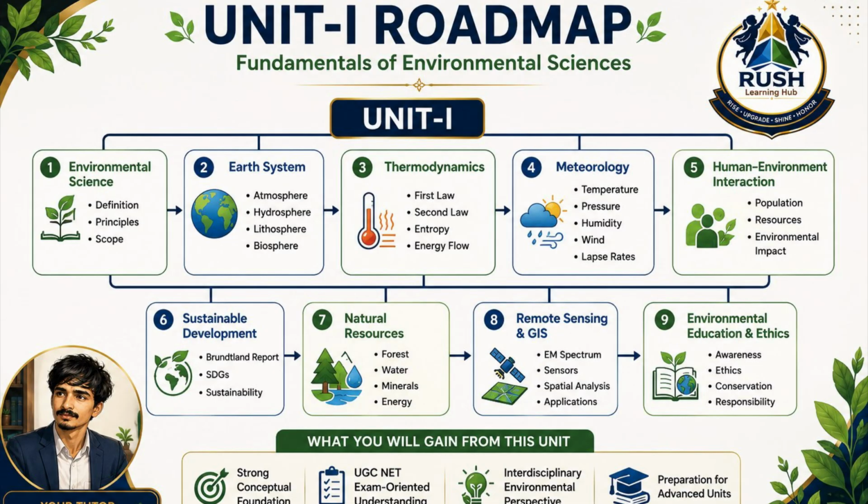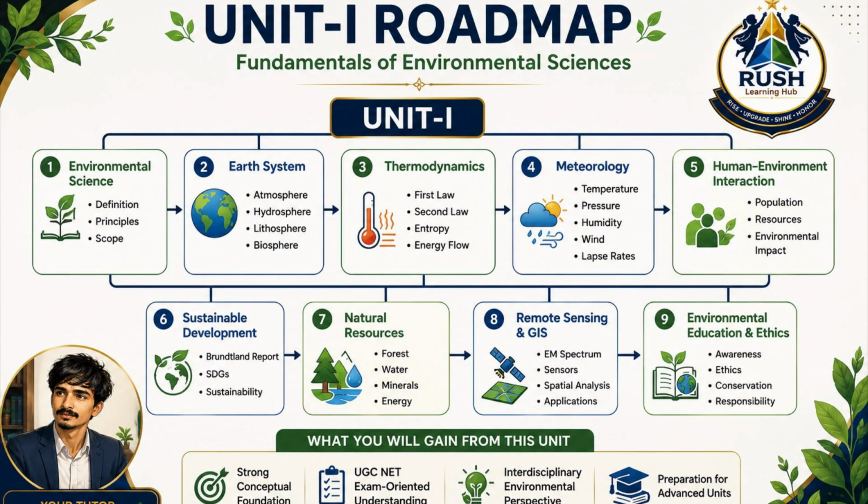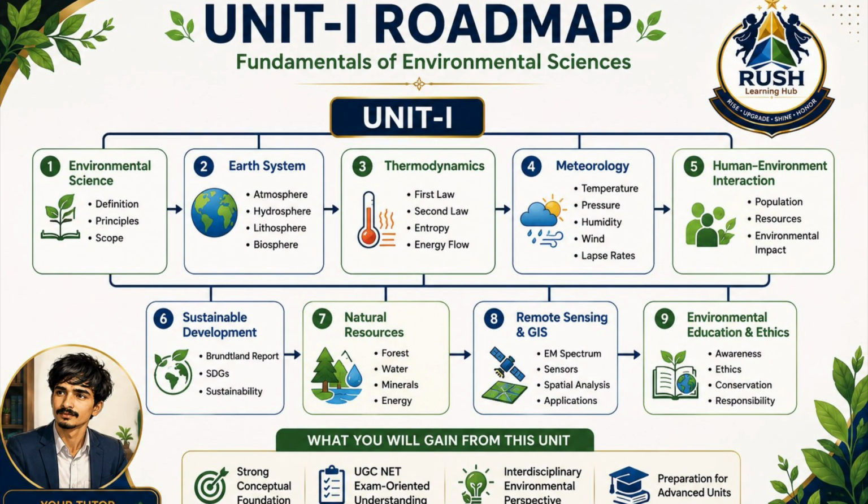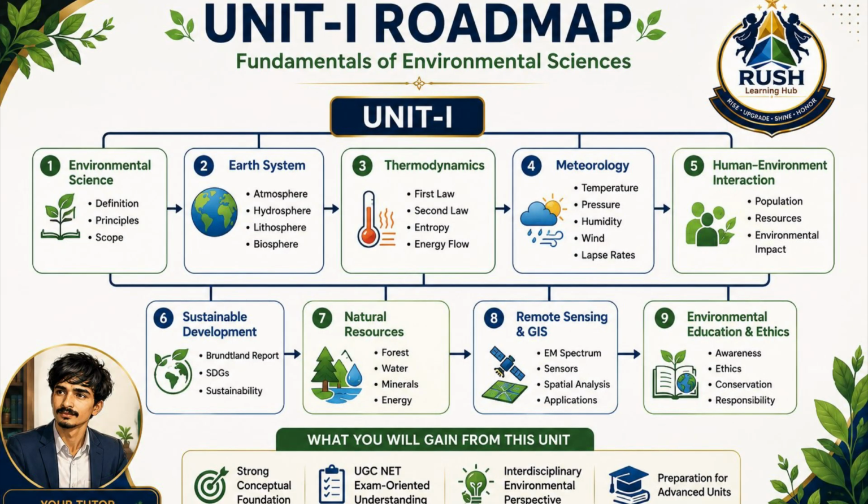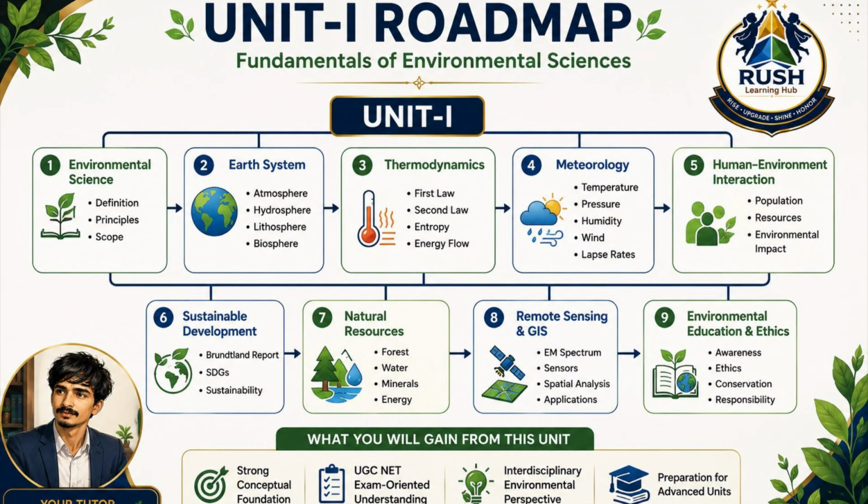The next important section is meteorology, which is one of the most frequently tested areas in UGC NET Environmental Science. We will study atmospheric temperature, pressure, humidity, precipitation, wind systems, mixing ratios, and lapse rates. These concepts help us understand weather patterns, climate systems, and atmospheric stability.